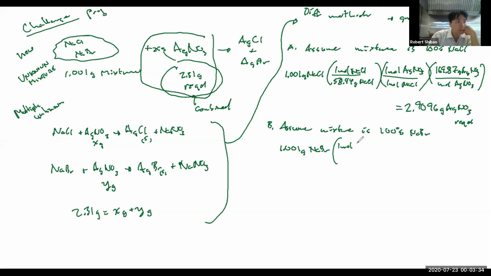1 mole, 102.89. Then it's a 1-to-1 mole ratio. And then 169.87 grams of silver nitrate per mole.